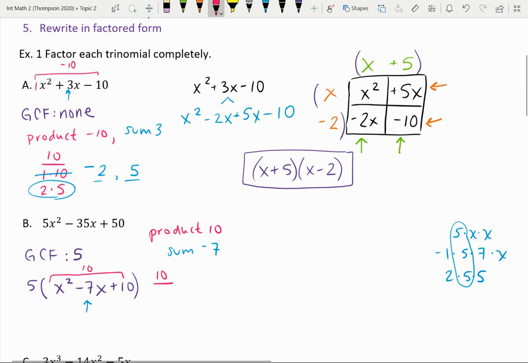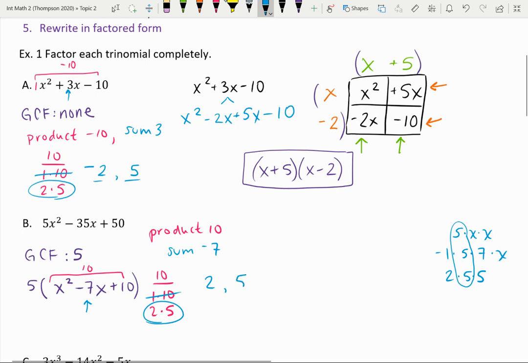The factors for 10, I already did them above, so they're the same. This time, I'm looking for a sum of negative 7 instead of 3. Still have to use 2 and 5. I just need different signs.